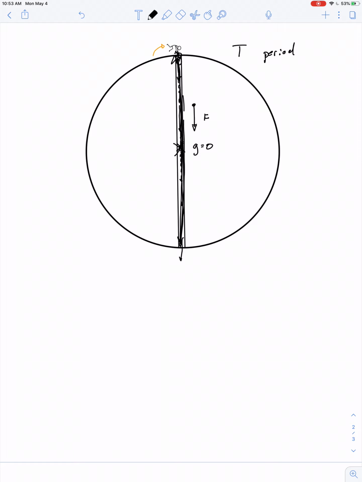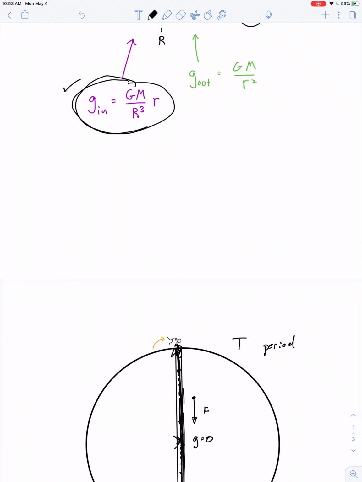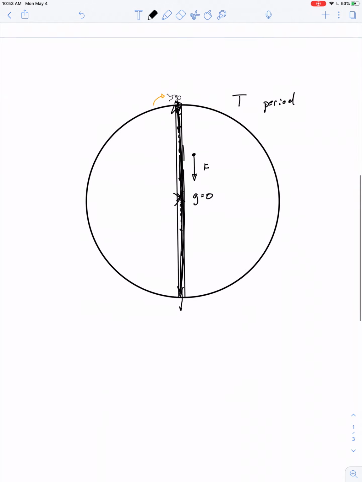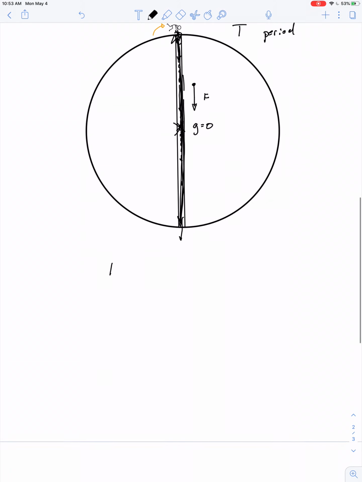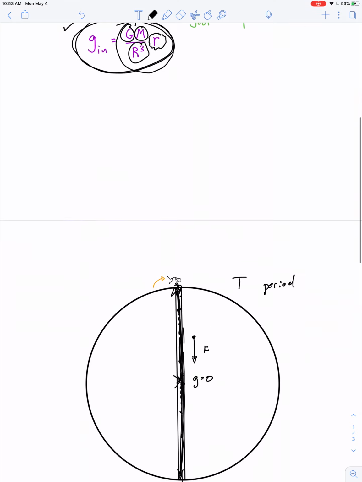Let's see now, how about this? If we know gravitational field strength, then it's easy to get the force of gravity. The force of gravity is just the mass of the object multiplied by the field strength, and the gravitational field strength is the universal constant times the mass of the Earth divided by the full radius of the Earth cubed, and then multiplied by whatever current position the object has.